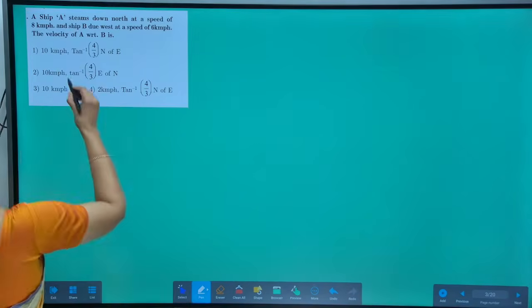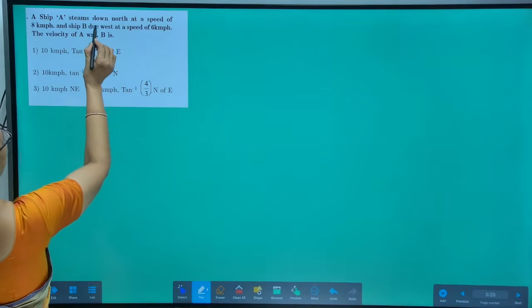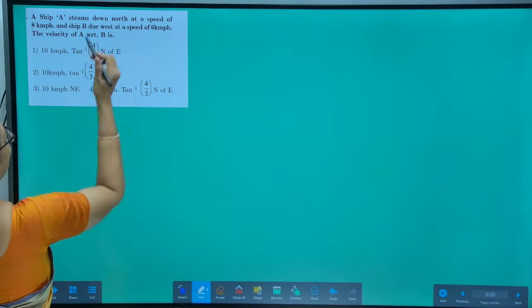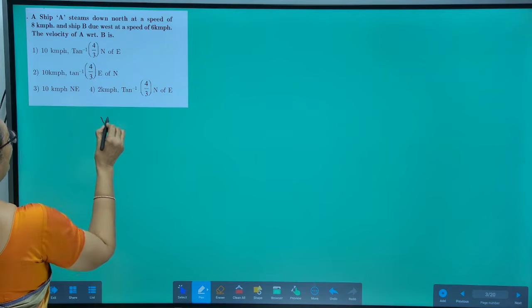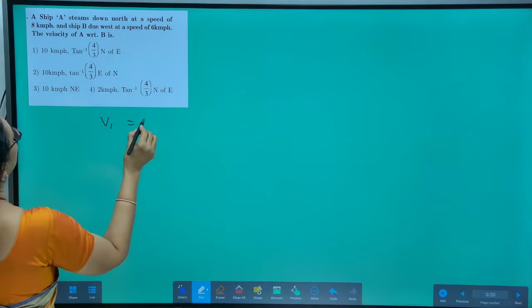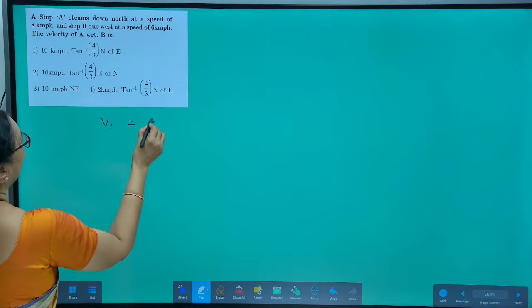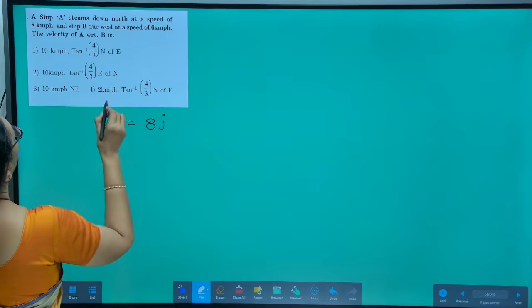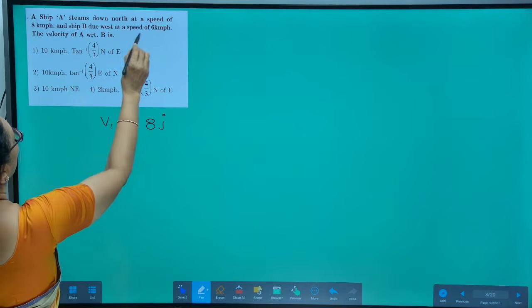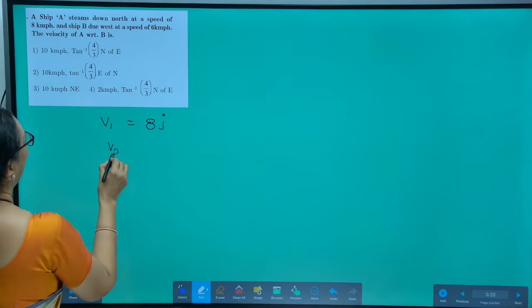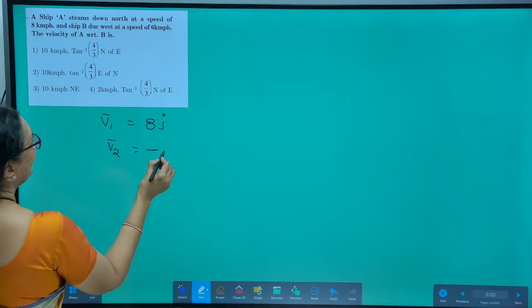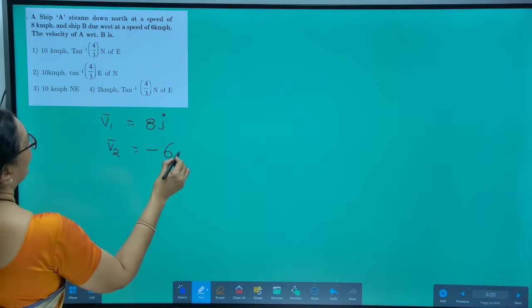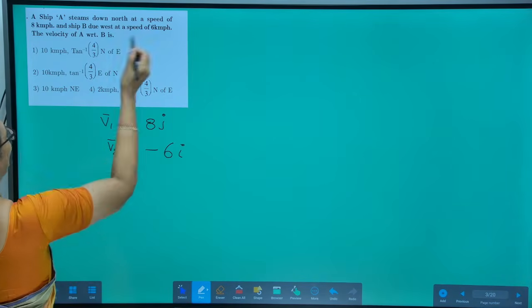Look here. A ship A streams down north, meaning towards north. So the velocity of the first ship is 8 kmph northwards, 8j. And ship B is due west, so V2 bar is equal to minus 6I, because due west.